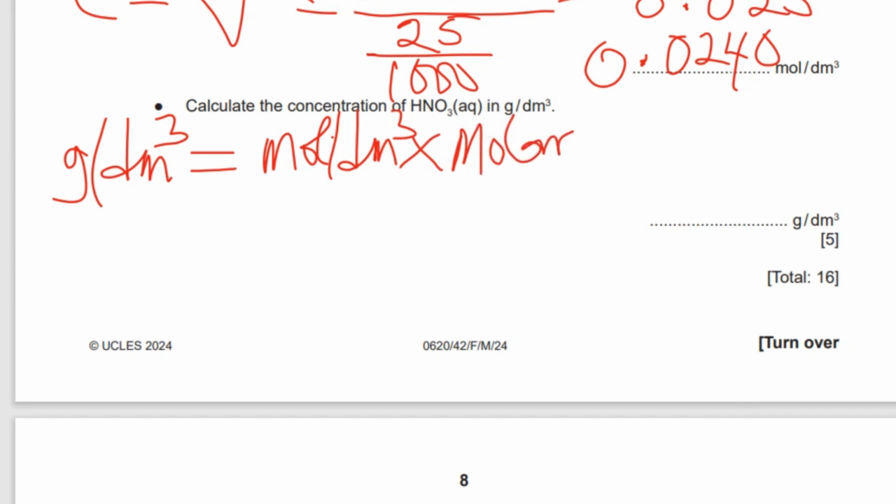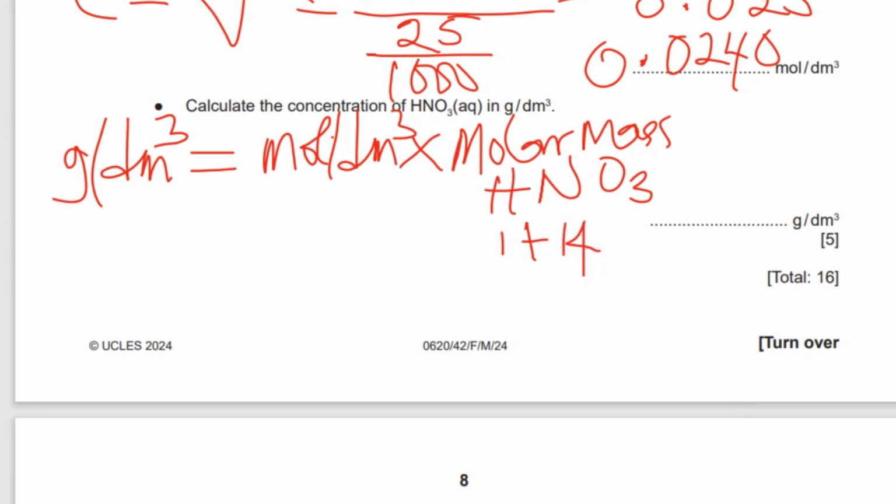Mass of 1 mole is the same as the molar mass. So the molar mass of HNO3: we have 1 atom of hydrogen, the Ar of hydrogen is 1, the Ar of nitrogen is 14.